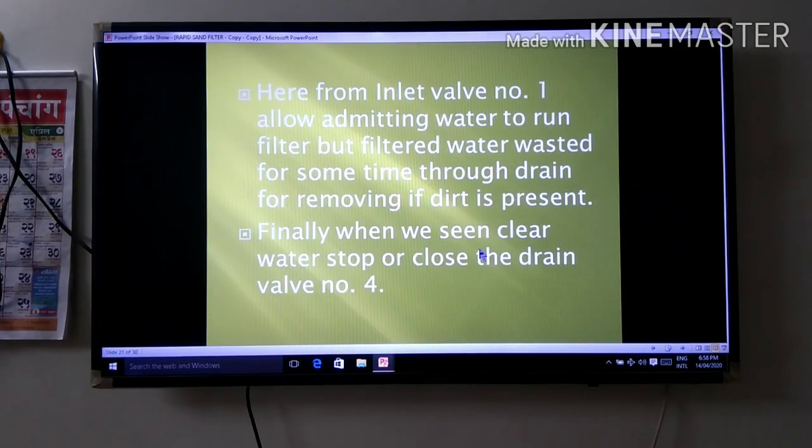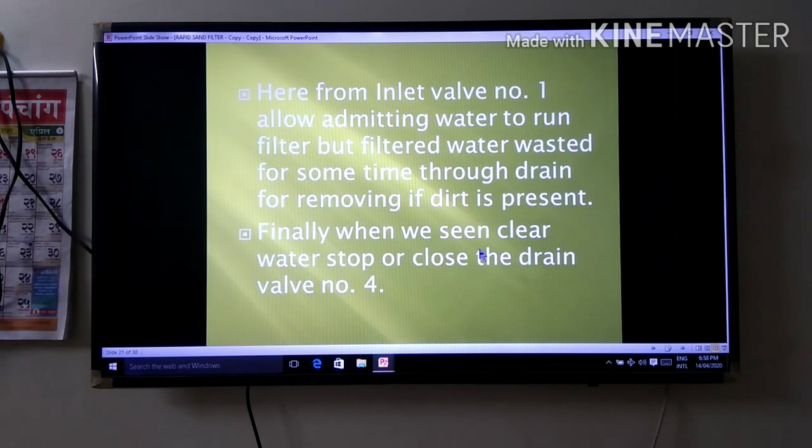Here, from inlet valve number 1, water is admitted to run the filter, but filtered water is wasted for some time through the drain for removing any dirt present.